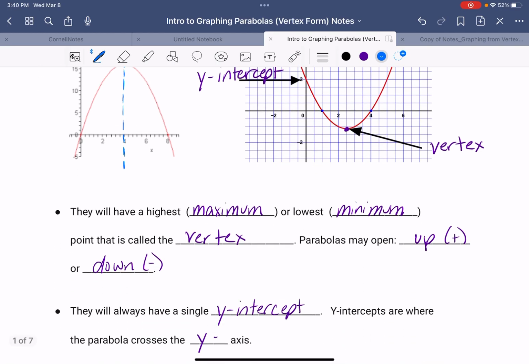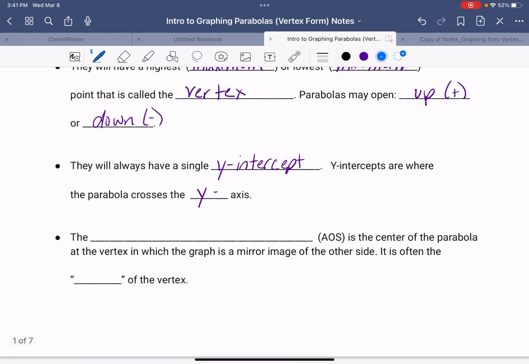And down below, we have this nice little blank where we call it the axis of symmetry, or also known as AOS, is the center of the parabola at the vertex in which the graph is a mirror image of the other side. It is often the x of the vertex.